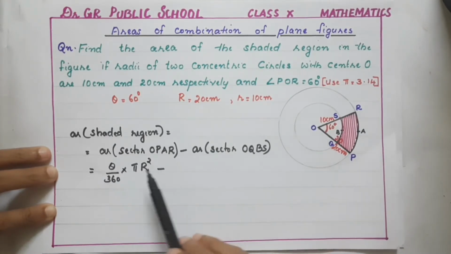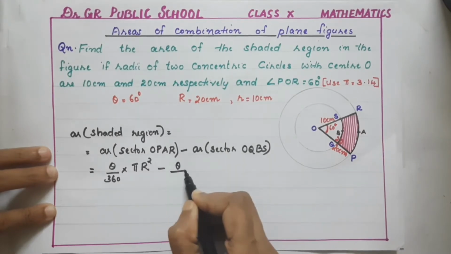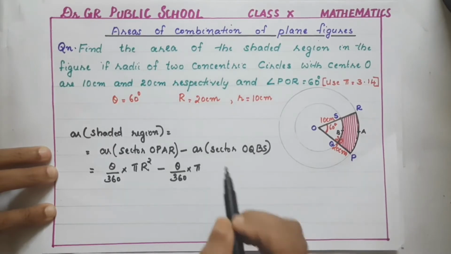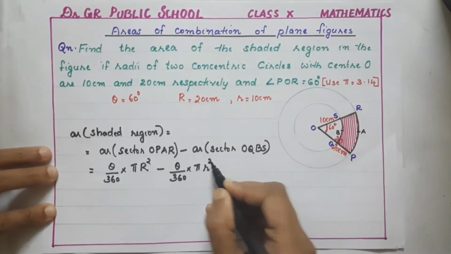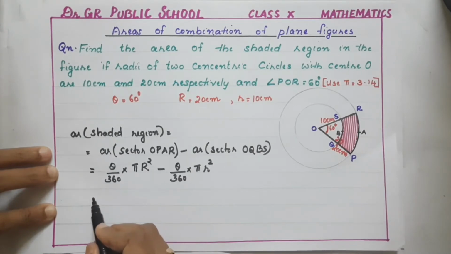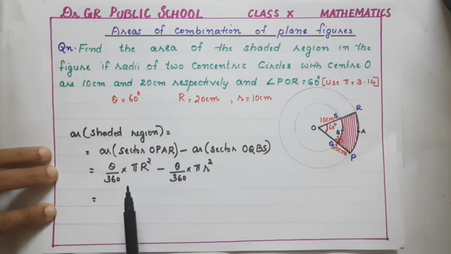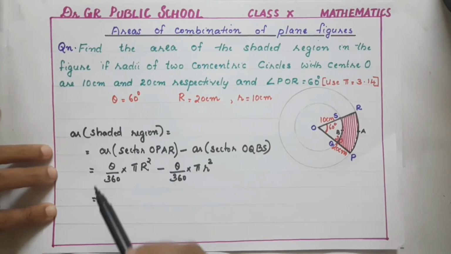Same angle, so we can put same letter, theta by 360 into pi. Which r we have to take? Small r square. Okay. Now, when you write the steps like this, first you have to take the common factors outside. Which all common?